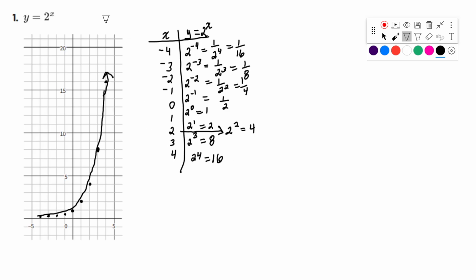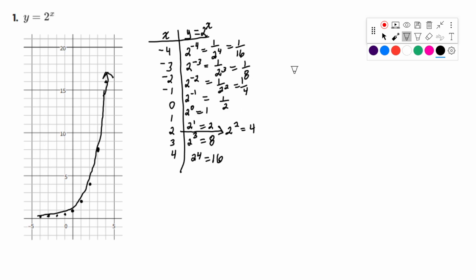And then for number 2, it's going to be some variation of this. So what I would recommend is, rather than create another table for number 2, take the values that we found for y in this table and apply whatever change is happening to these values, and then plot them.